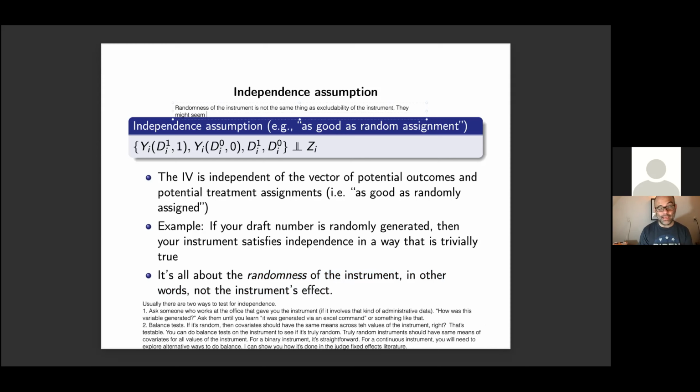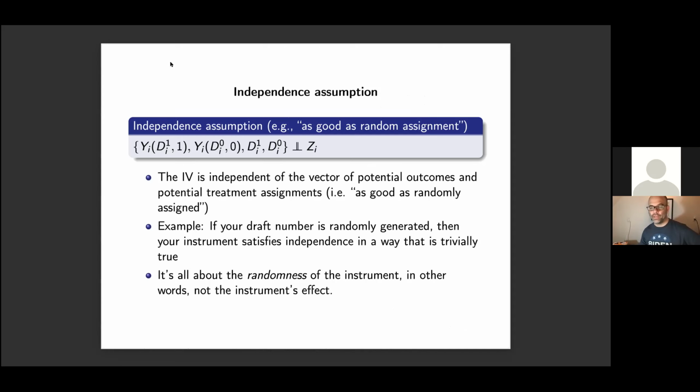They might seem like they're identical or implied by each other, but they are technically different, as I'll show. So in this heterogeneous treatment effects world, we need independence. Sometimes it's called exogenous.